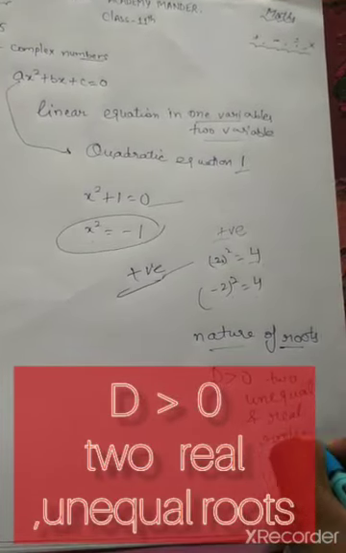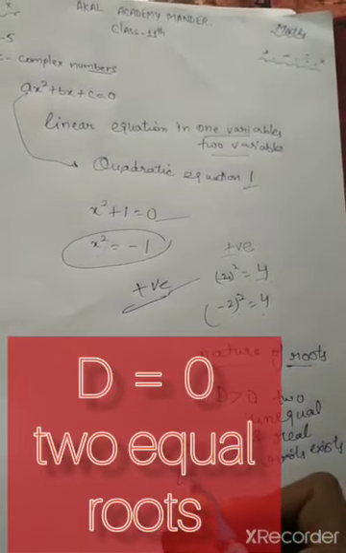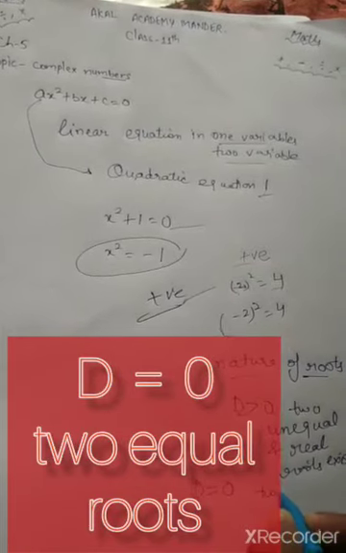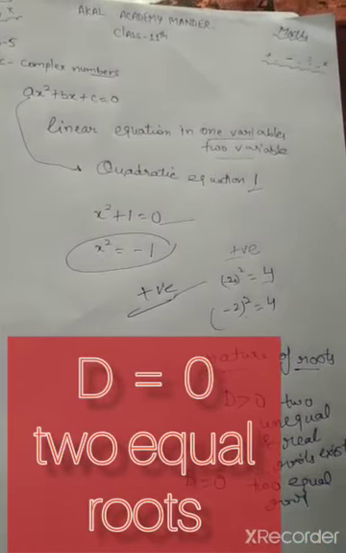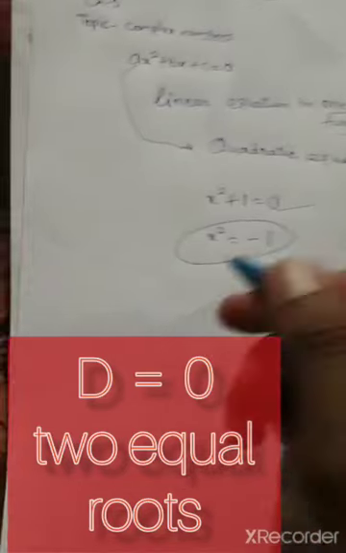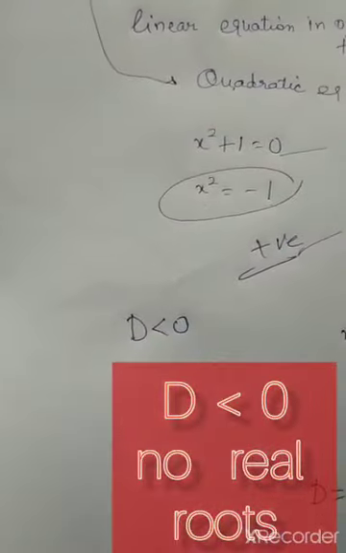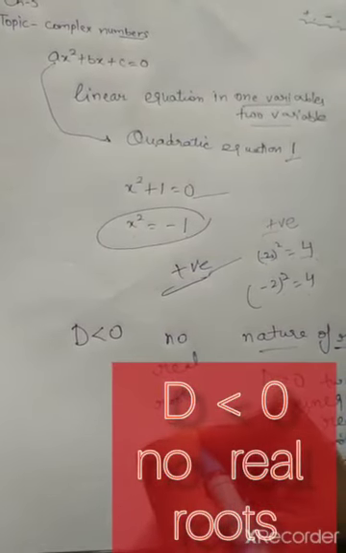The second point: when the discriminant is 0, two equal roots exist. The third point: when the discriminant is negative, no real roots exist. Clear?